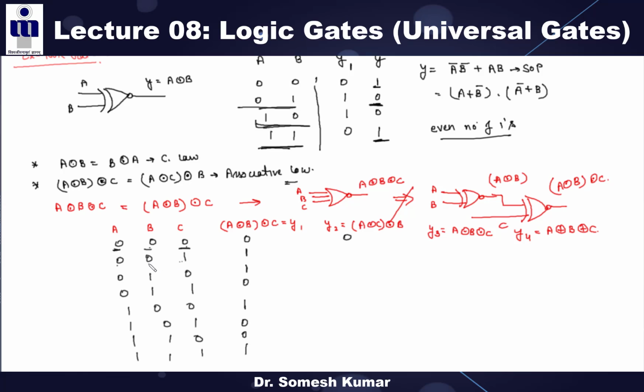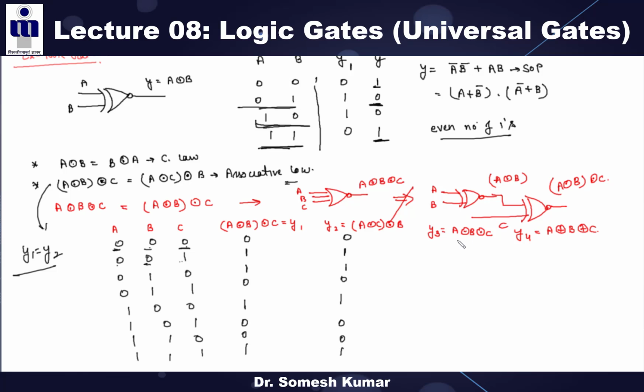And then 0 XNOR B is 1. So now from here, Y1 is equal to Y2. What does it mean? It follows what? Associative law. Right? So it follows associative law.